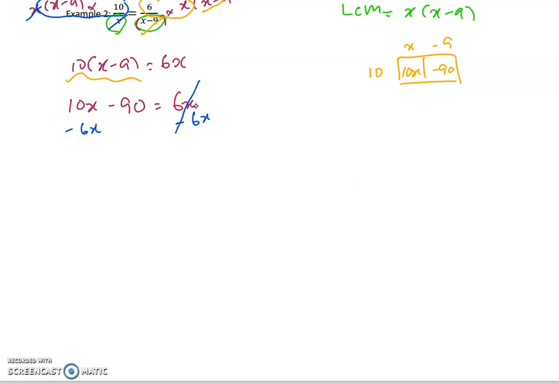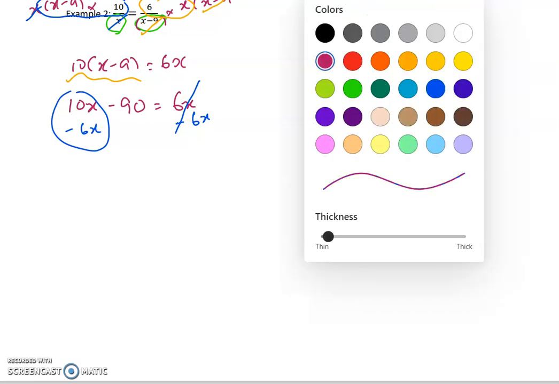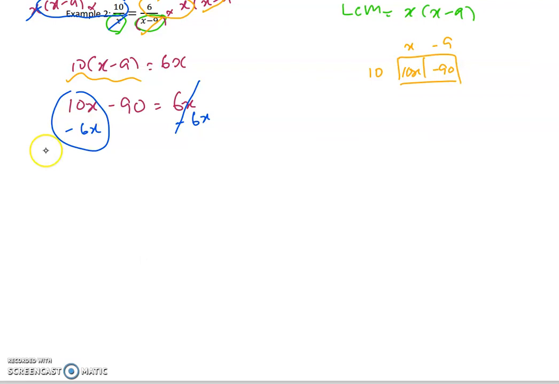Let's divide our minuses out, and we are just going to settle this part here. So we will have 10x minus 6x is 4x minus 9t. Now 6x minus 6x is actually 0, similar to the previous one that we did.